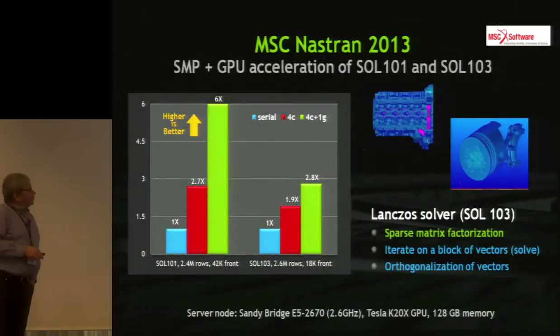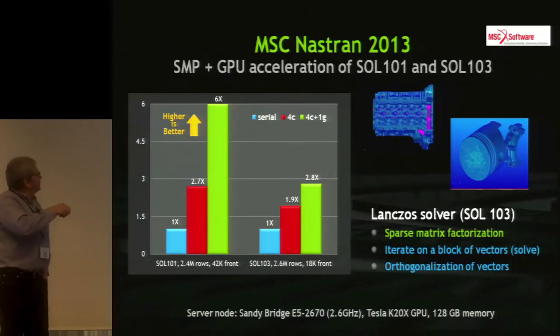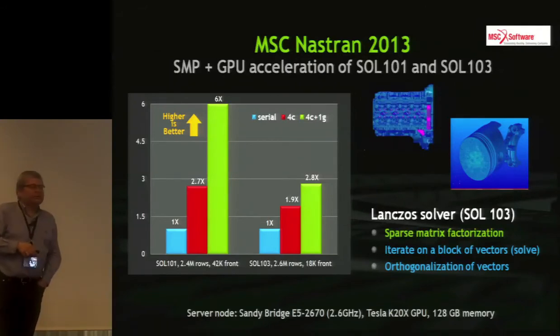Here are some benchmarks with different solutions, solution 103 and solution 104. You see here a serial run, the blue one. The red one is a run on 4 cores, and the green one is a run on 4 cores plus 1 GPU.